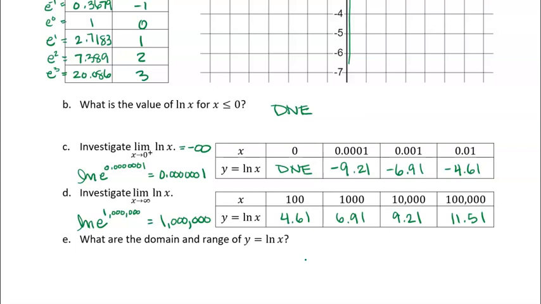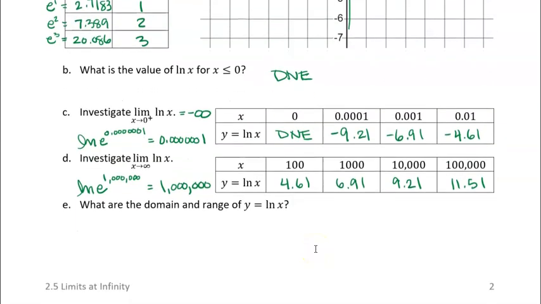What are the domain and range of the natural log of x? Let's look at the domain first. That's the set of all the possible input values, the x values. If we're looking at natural log of x, what are the x values that are off limits?